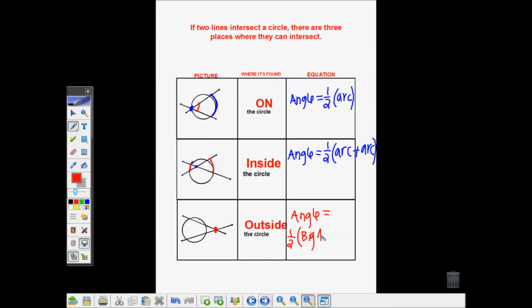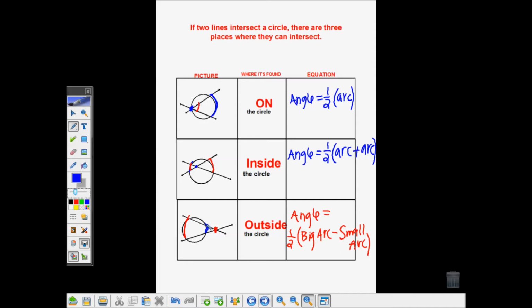So that would be like this red part right here minus the smaller arc right there. So the red part minus the blue part.